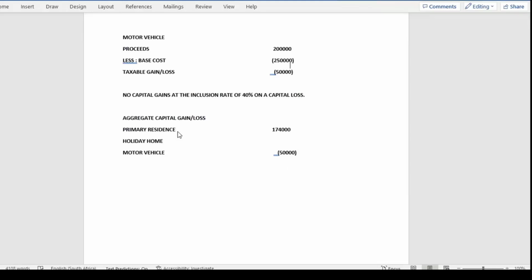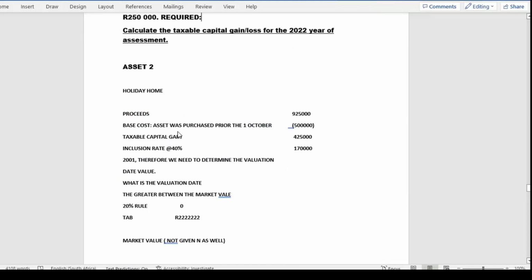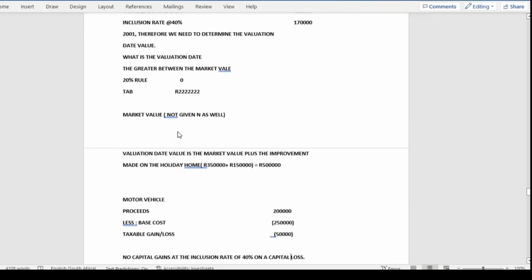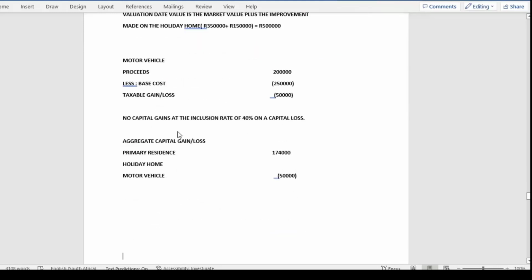And we have to look at the holiday home. Asset number 2 is 170. I think I made a mistake, but I'll correct that.